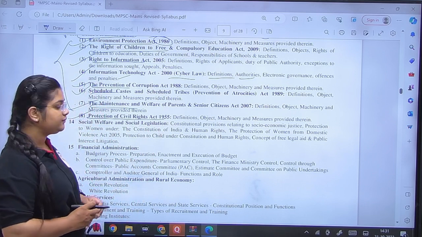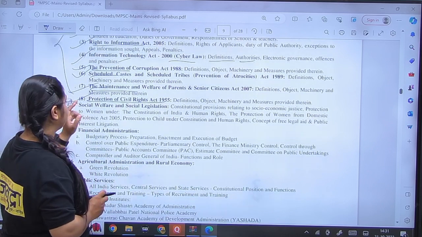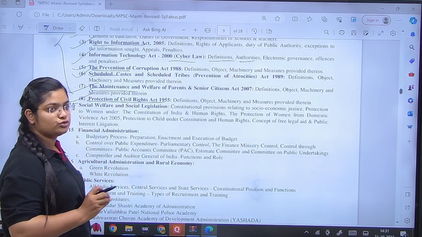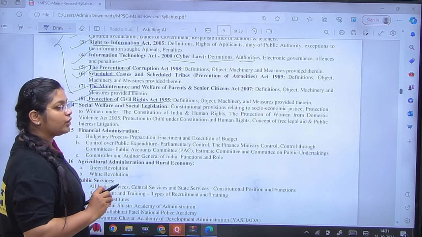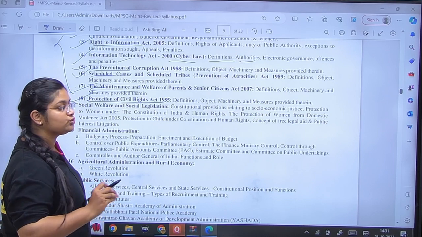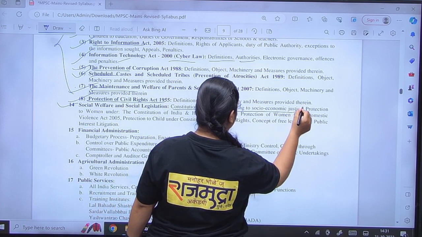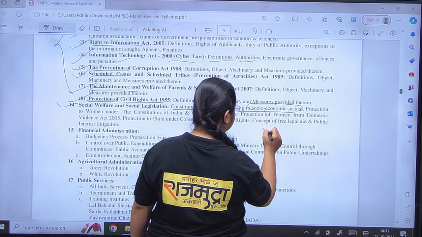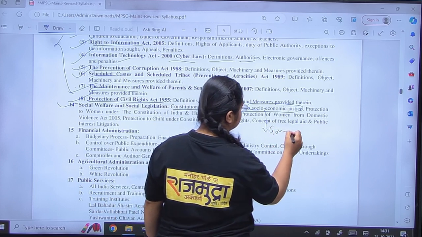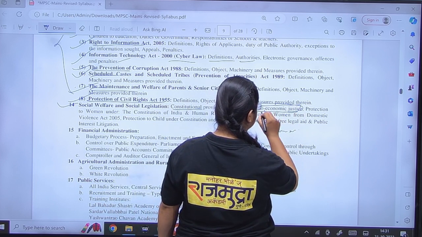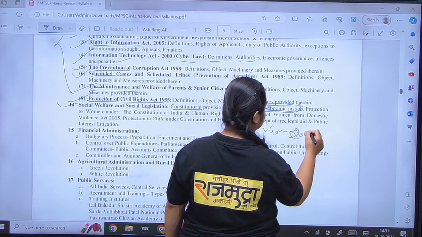Next point in our syllabus is social welfare and social legislation. Constitutional provisions relating to socio-economic justice. As I have said earlier, the government works for achieving socio-economic justice, or we can say social justice.